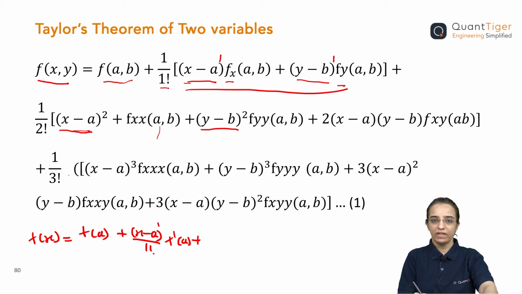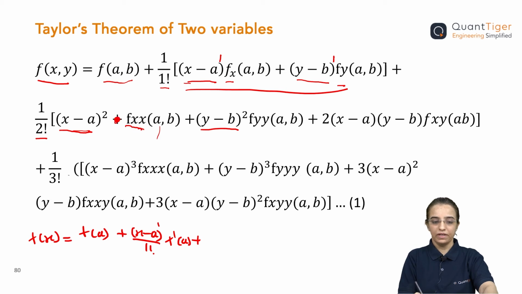Now since the power is 2, the factorial will be 2, which I kept outside the bracket. Now whatever the power is, that much factorial, that much differentiation will come. So here f double dash means second order differentiation I have done for x, which we denoted by fxx.